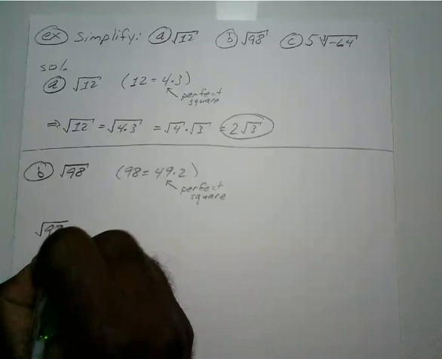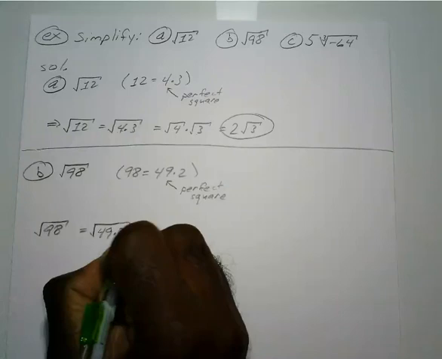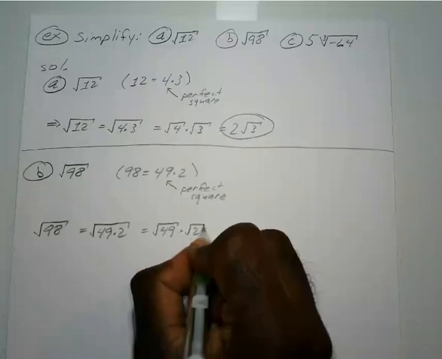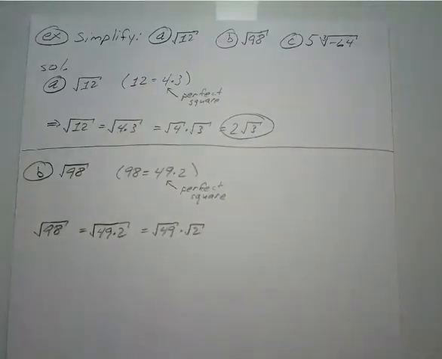Okay, so that's the square root of 49 times the square root of 2. Okay, the square root of 49 is positive or negative 7, but we're just going to use the positive. So that's 7 square root of 2. Or 7 times the square root of 2, which is just 7 square root of 2.